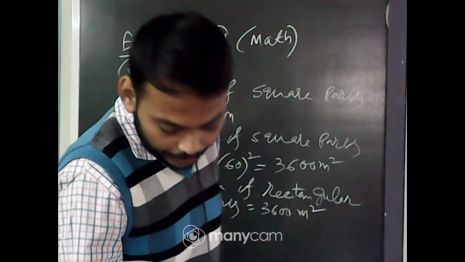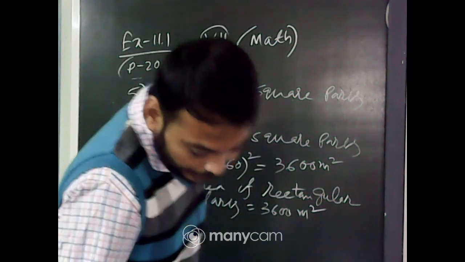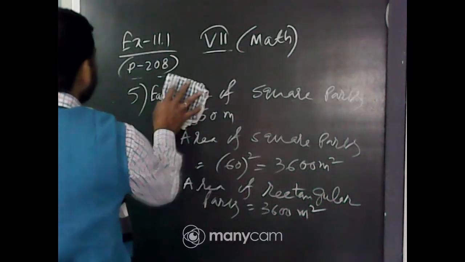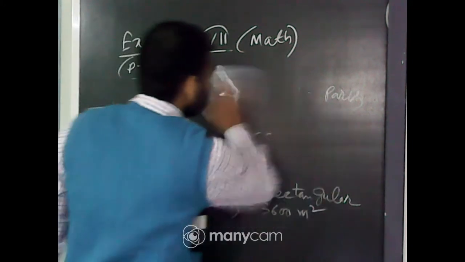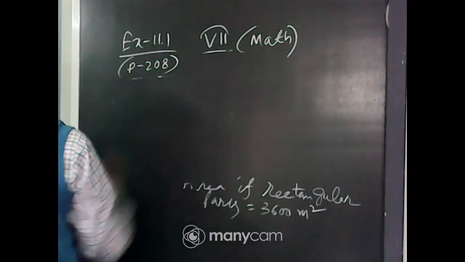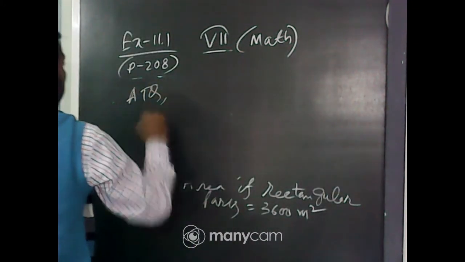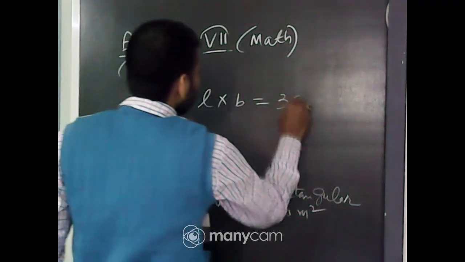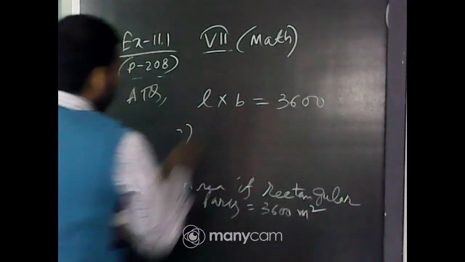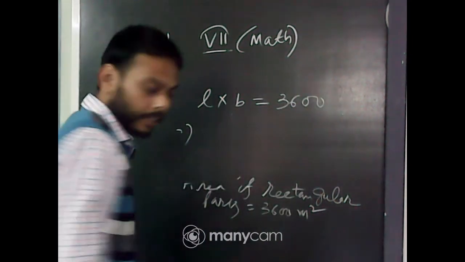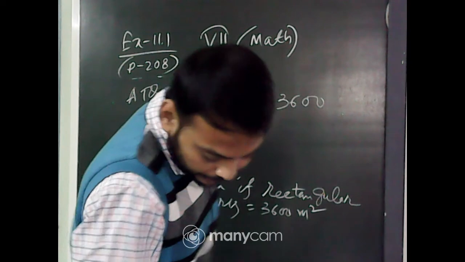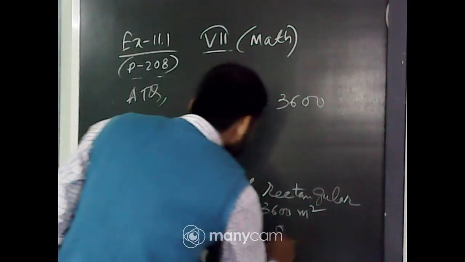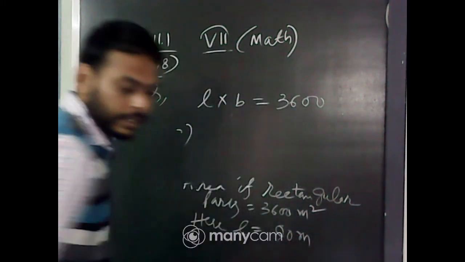Now it is given that the length is 90 and the breadth is not given. So I am erasing it. According to the condition L into B, that will be 3600. Now the L is given here, L equals 90 meter, that is given to you.